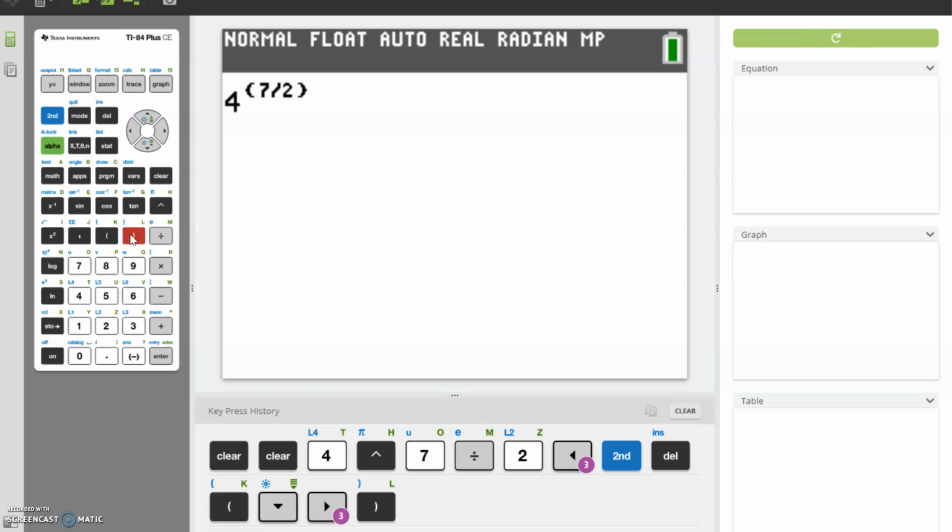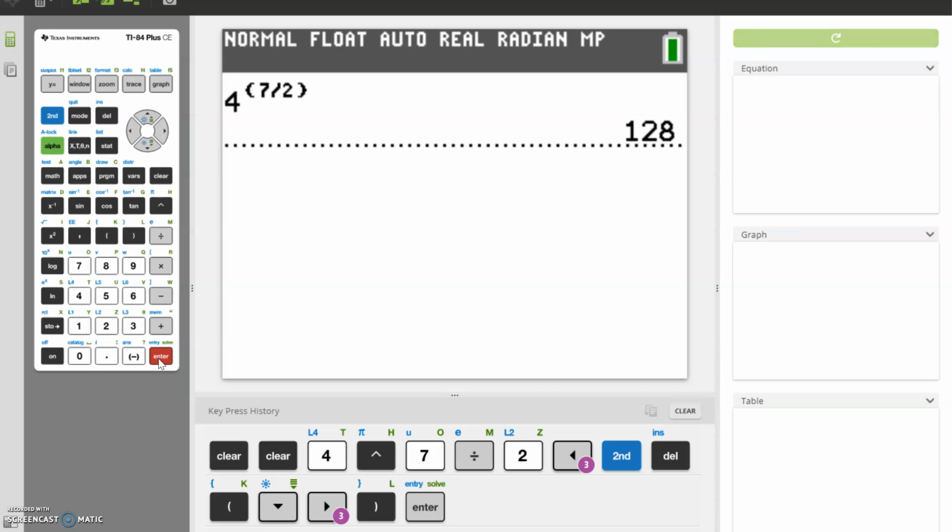If you don't do that, your calculator is going to take 4 and raise it to the 7th power, and then take that result and divide it by 2. By putting it in parentheses, you're telling the calculator, I want you to raise this base value to the 7 halves, or to that fraction. So we'll go ahead and hit enter, and we find that 4 raised to the 7 halves is 128.